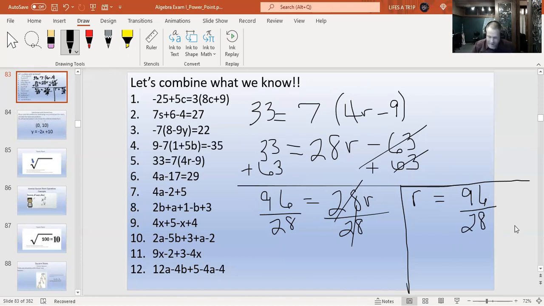Okay, can we simplify? Yes, we can simplify. Looks like we can divide by 7 and 7. Okay, and so that gives us r equals 24 over 7. I'm sorry, guys, not 7.